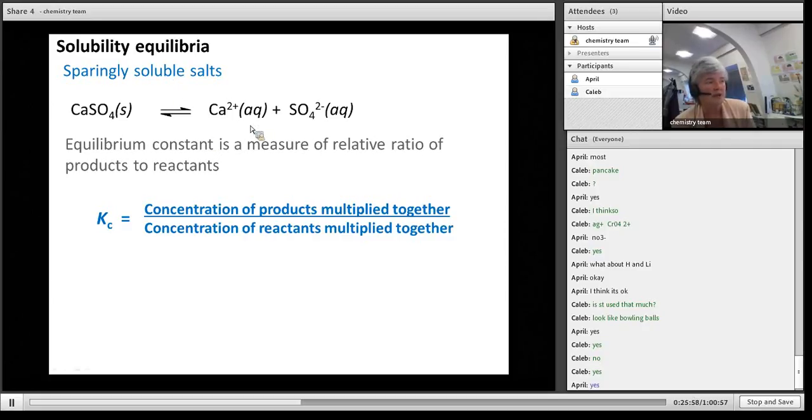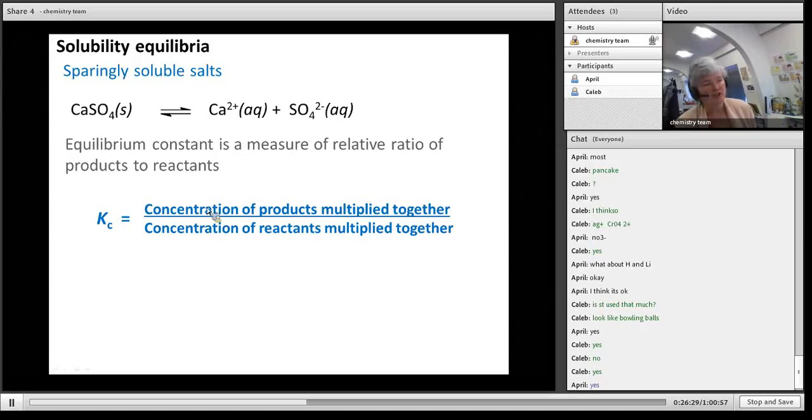So that's why we can write this solubility equilibria, but it only applies for the sparingly soluble salts, the ones that aren't very soluble at all. Now, you haven't done this with the level 2, but we can write a constant where we look at the relative ratio of the products, the calcium and the sulfate ions, to the reactants.